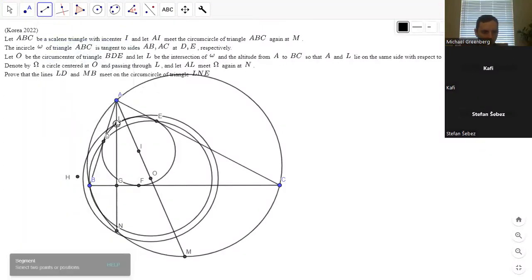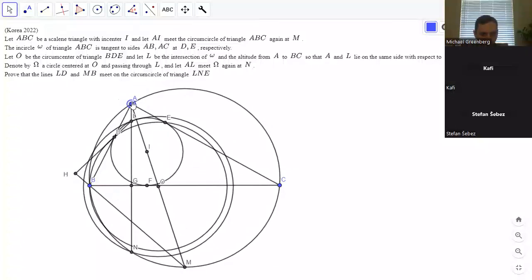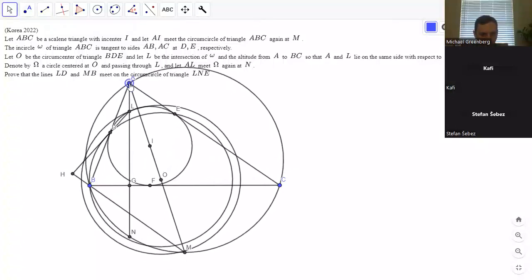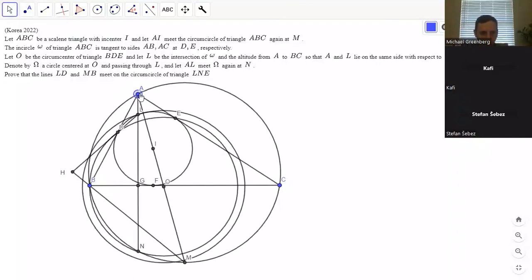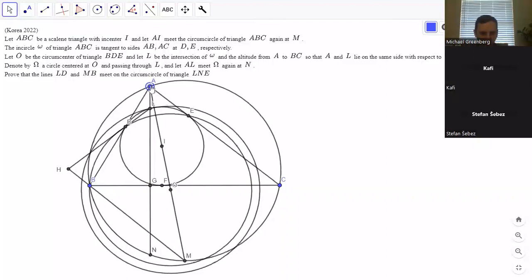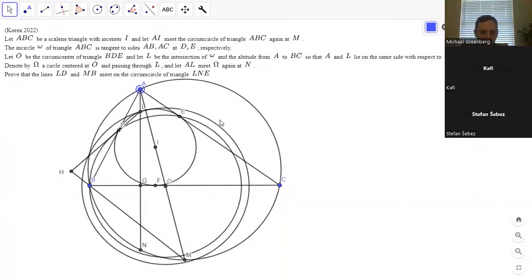Let's think about that. So LDH and... all right. The circles almost look concentric. I don't think they are concentric. Maybe they are. So what are these circles?